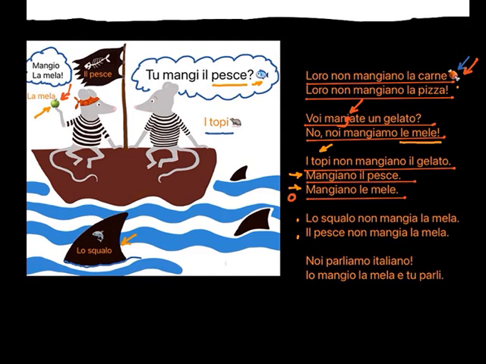Lo squalo non mangia la mela. Squalo is right here, the vocabulary. Lo squalo non mangia la mela. Il pesce non mangia la mela. Pesce, right here. Mela, right here.